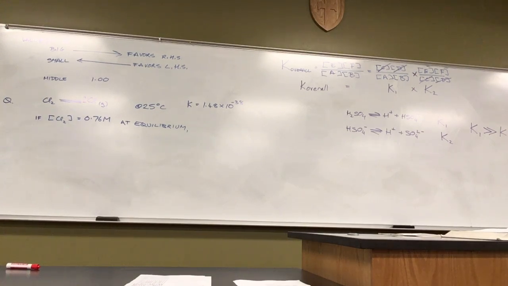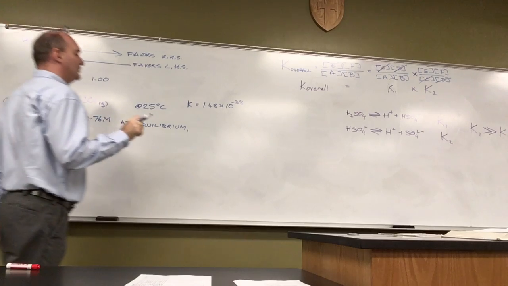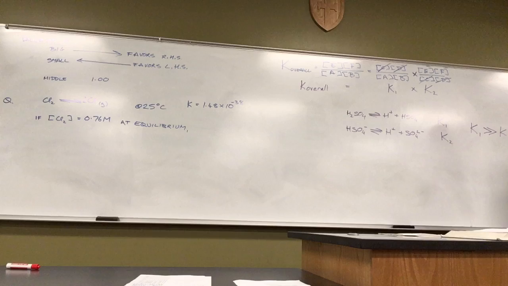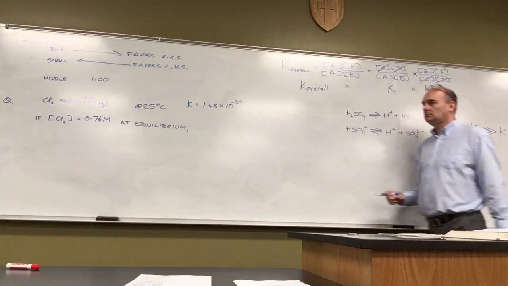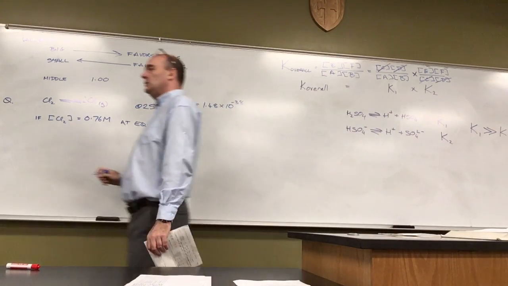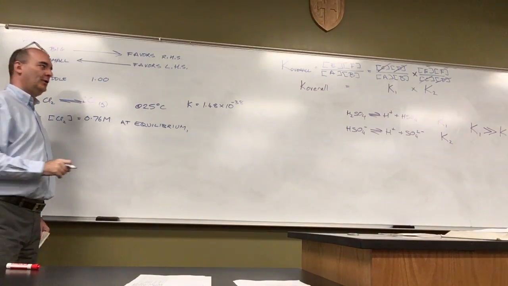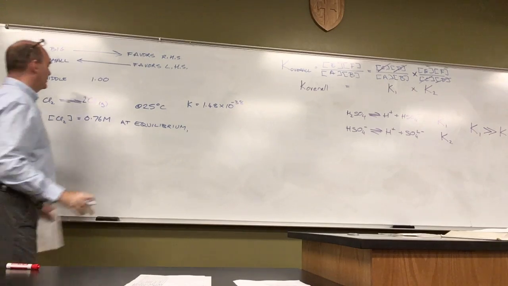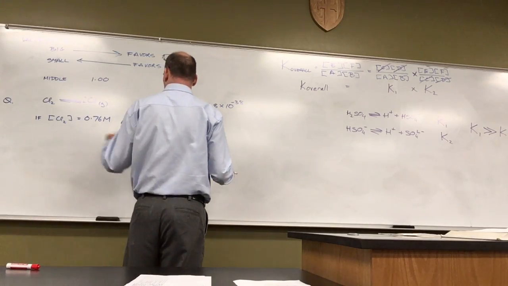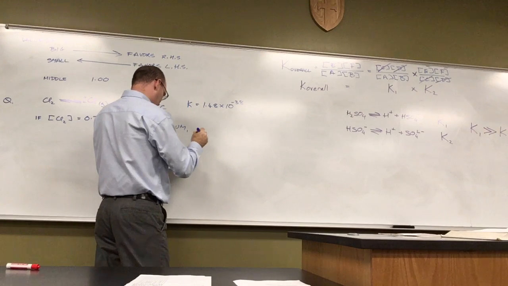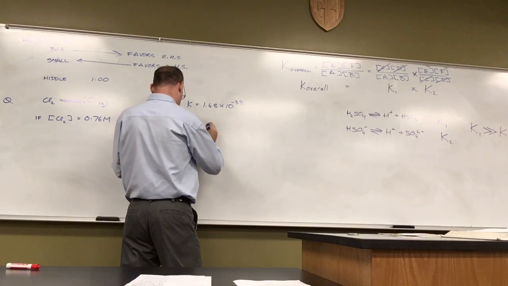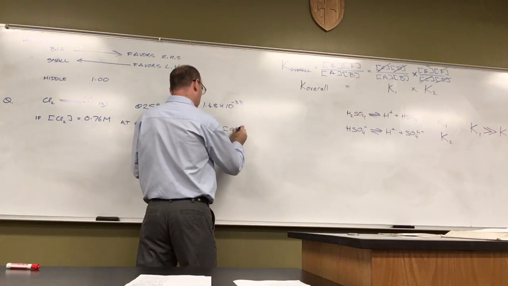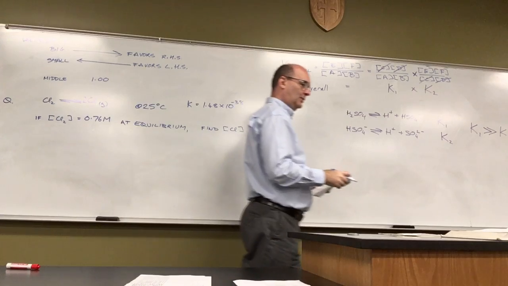Others are going to give you the concentration that you start with before the reaction gets to equilibrium. Those ones are a bit more of a work through. So at equilibrium, the concentration of chlorine gas molecules is 0.76 moles per liter. Find the missing concentration of chlorine atoms.